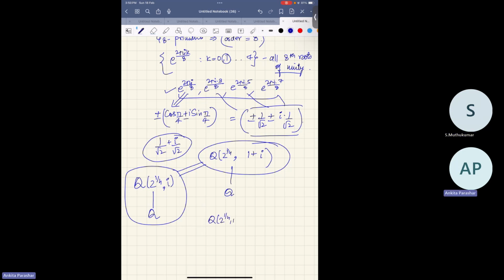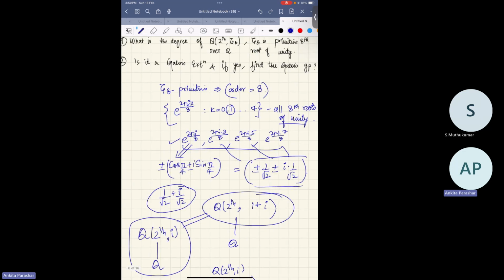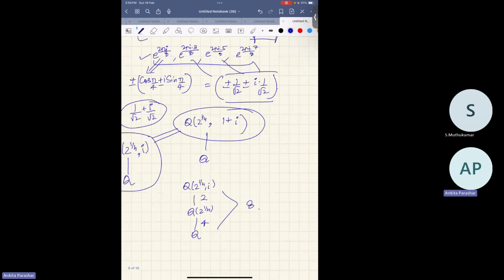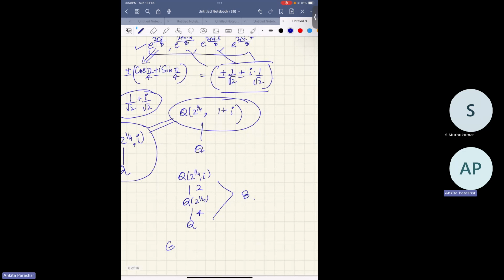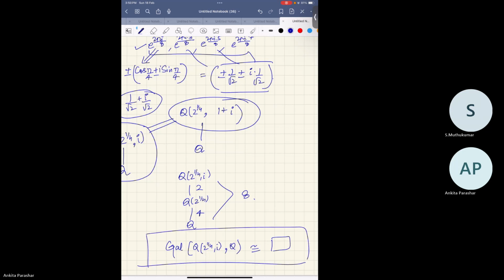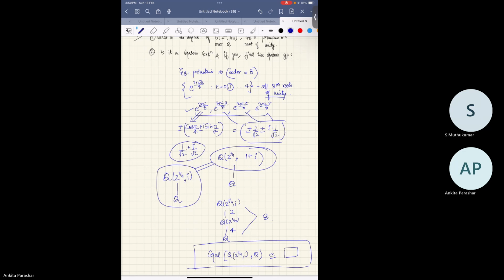Exactly, it's 8. Degree 8 extension, and of course, this Galois group we also discussed. What is the Galois group, if you remember? D4, right? Dihedral group of order 8.